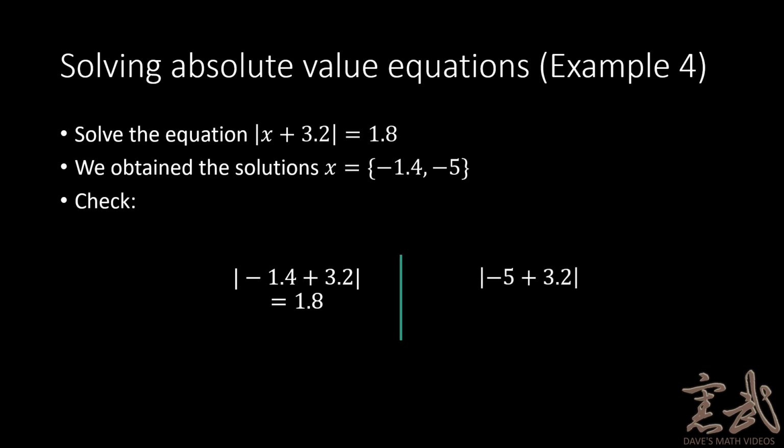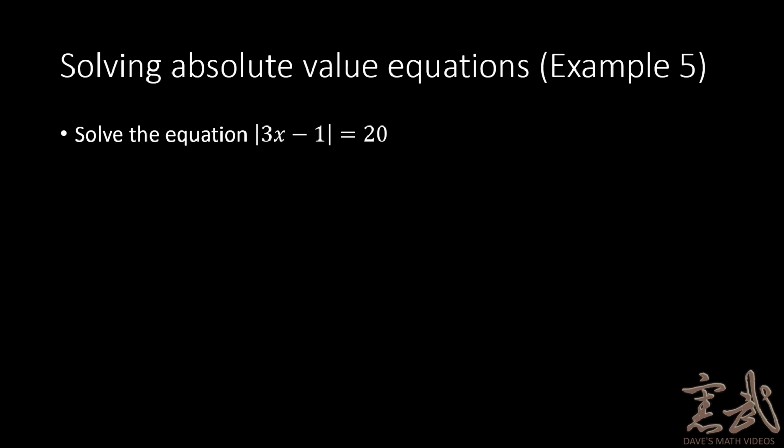And similarly, if we put negative 5 plus 3.2, we get the absolute value of negative 1.8. But remember that anytime a number is negative inside an absolute value, we remove the negative sign and get the positive number. So again, the final answer is 1.8. These answers check out. Let's move on to a slightly more complex example.